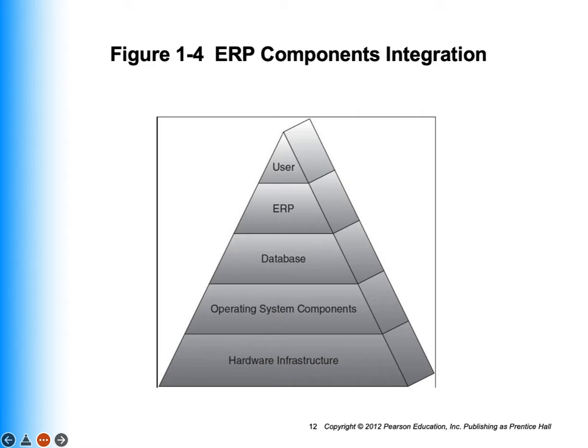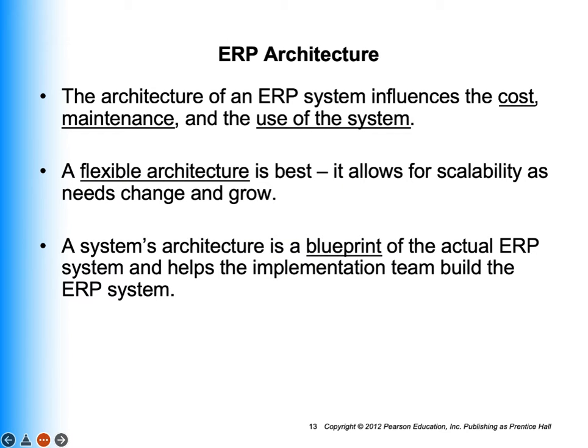In terms of architecture, so we take note of the cost for maintenance because of use of the system, and not only that, ERP also is flexible in terms of architecture, which could be customized according to the business process.